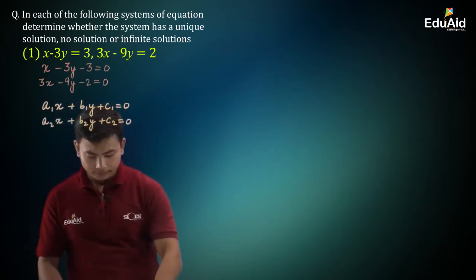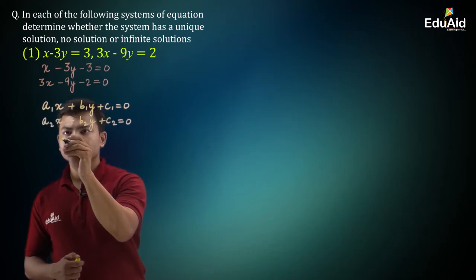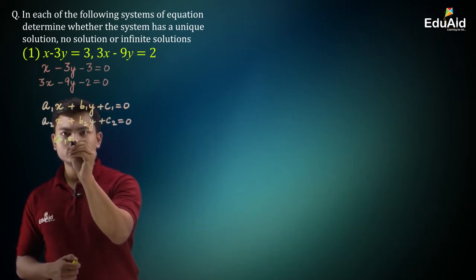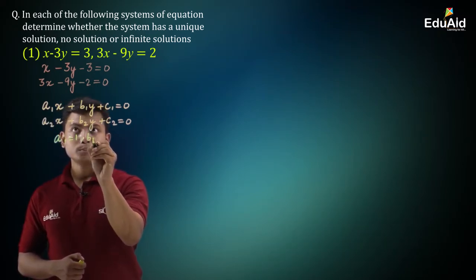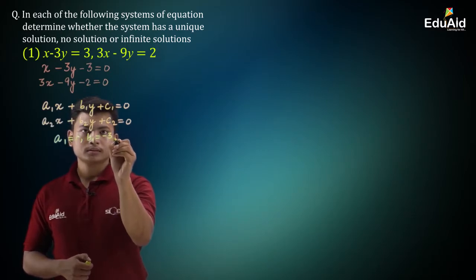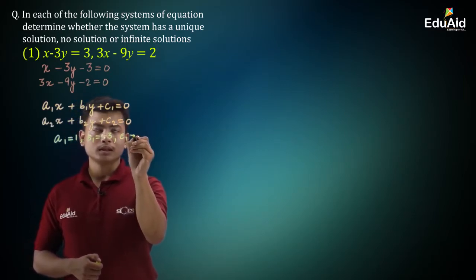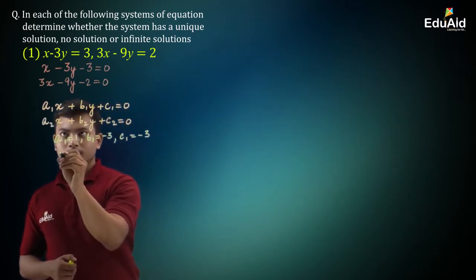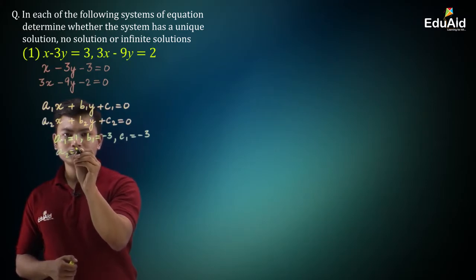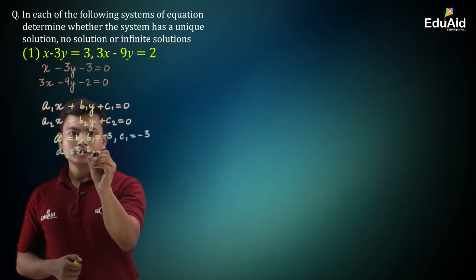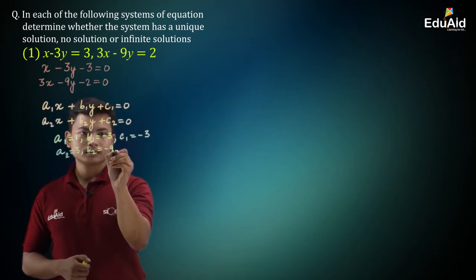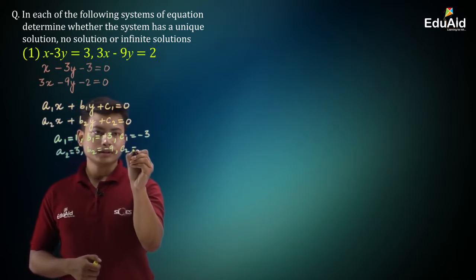So by comparing, we get a1 is equal to 1, b1 is equal to minus 3 and c1 is equal to minus 3, a2 is equal to 3, b2 is equal to minus 9 and c2 is equal to minus 2.